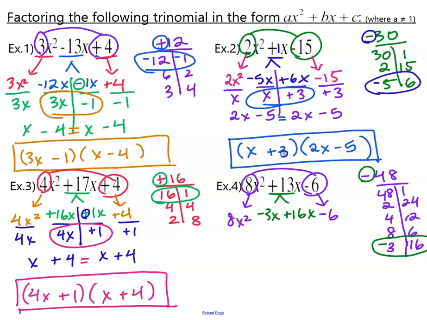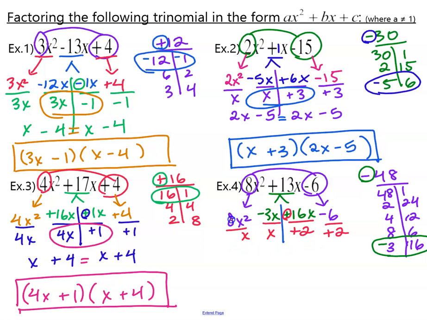And then let's go ahead and split our terms, and then we will find our GCF from each side. So on the left side, the GCF is just x. On the right side, we're going to have a positive GCF. From 16 and 6, we have 2.